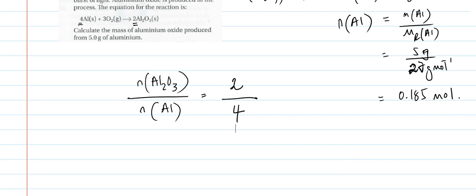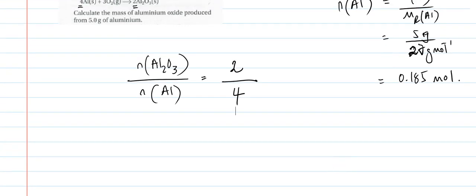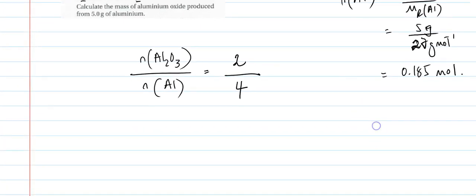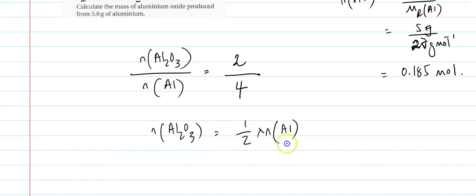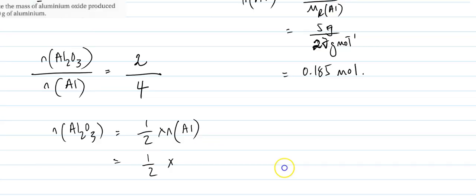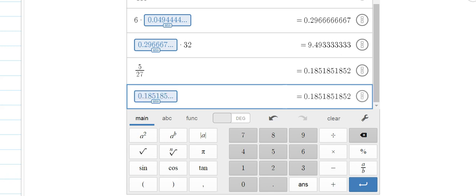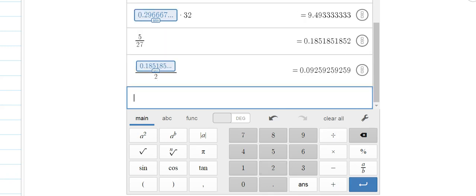I say the word molecules, but aluminium oxide isn't a molecule, so molecules in air quotes. So number of moles of aluminium oxide then is half times number of moles of aluminium. So we have that somewhere, 0.185 mole. So we divide that by 2, 0.0926 mole.